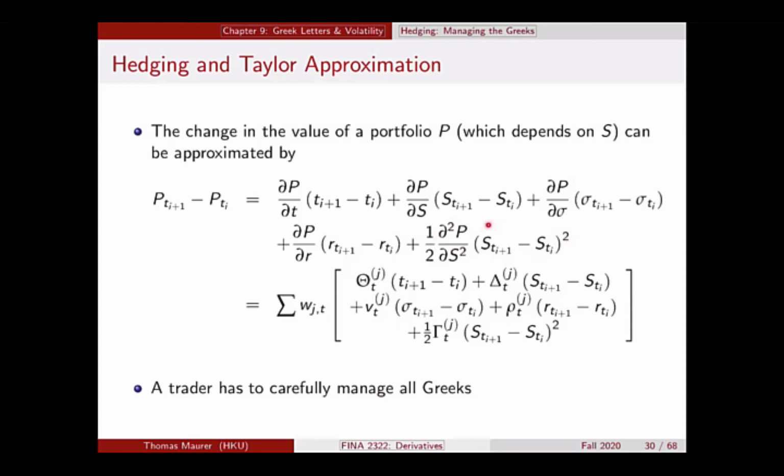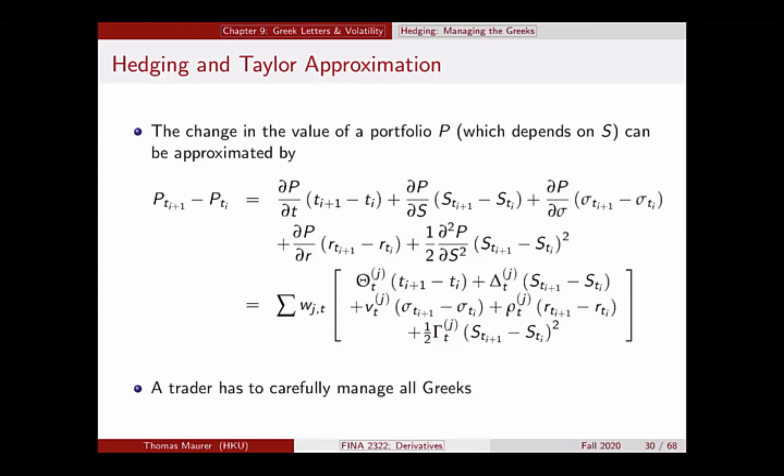And eventually, because I know that price changes of the underlying may be quite large, I do the second-order approximation, where I take 1/2 the second derivative of my portfolio price change with respect to the underlying price change, and this is nothing else but the gamma of my portfolio.